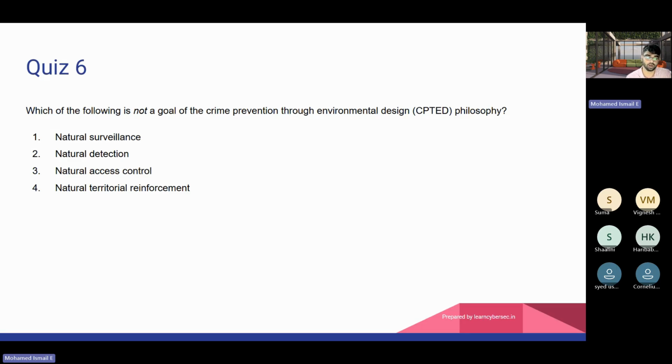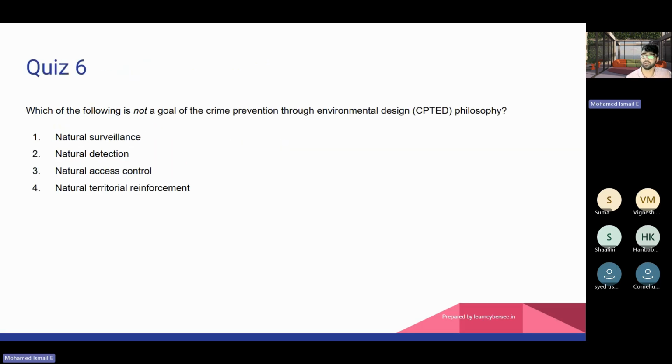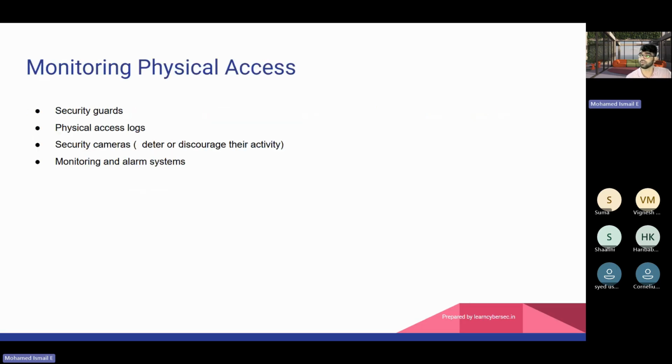So really, if you are enjoying studying those concepts, there are courses out there. You can continue in that area, because cybersecurity is not only about systems. It has also expanded to physical security. Next, monitoring physical access. Monitoring is important for two reasons.